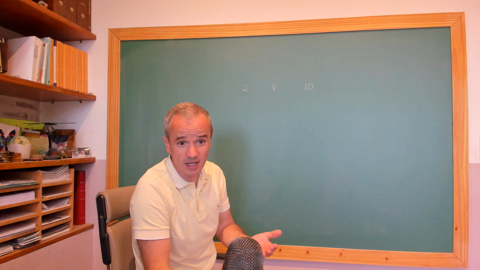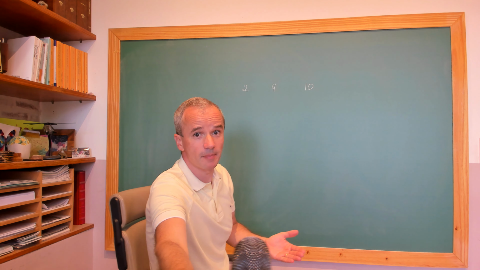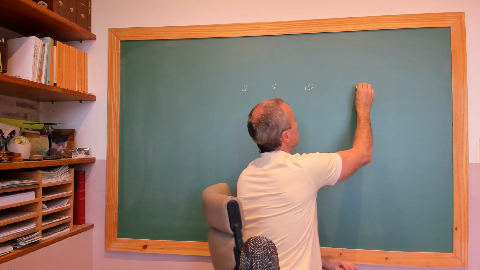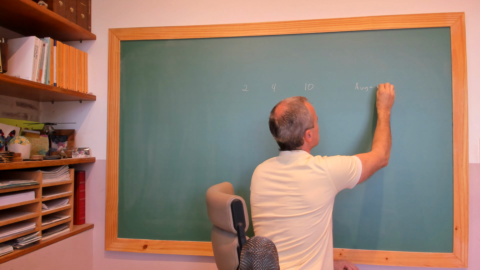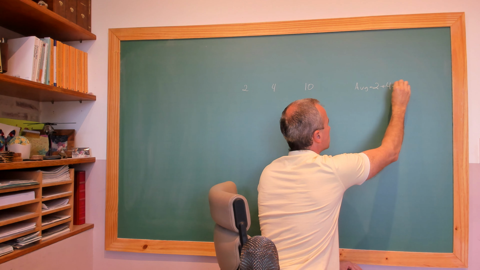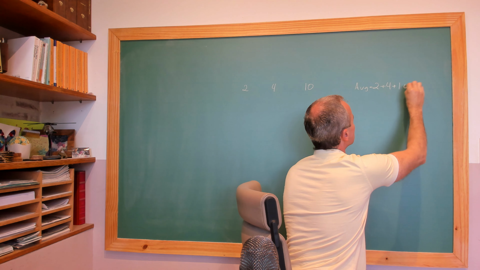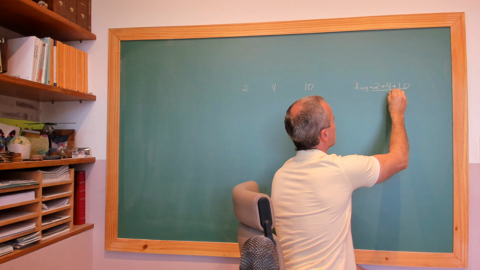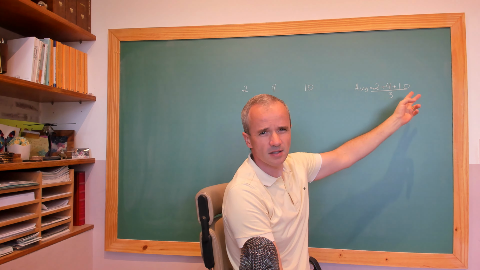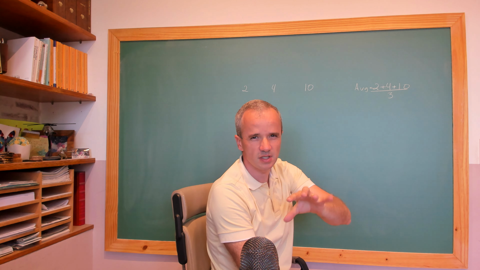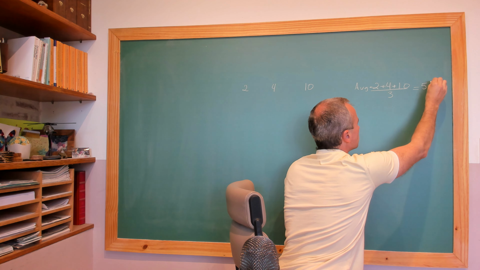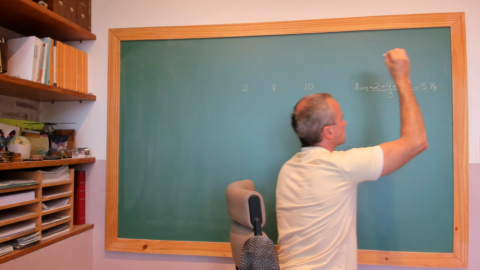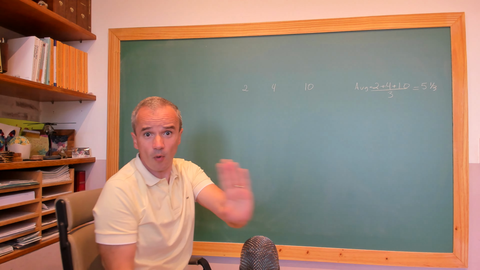If you just use the concept of simple average, it's going to be 2 plus 4 plus 10 divided by 3. So this is 16 divided by 3, which is 5 and a third. This is the simple average.